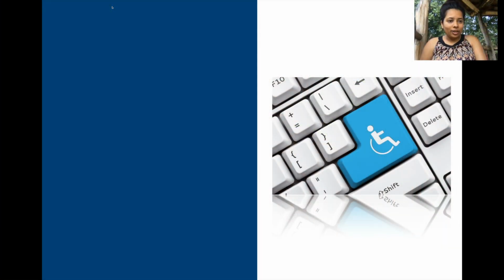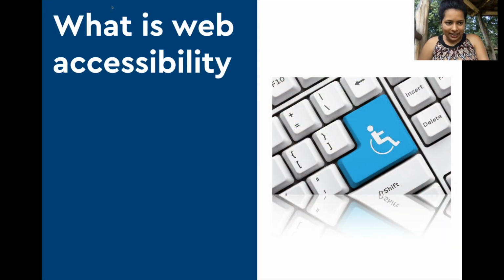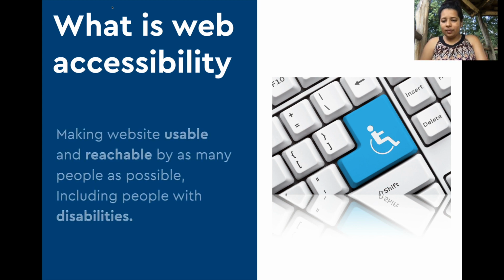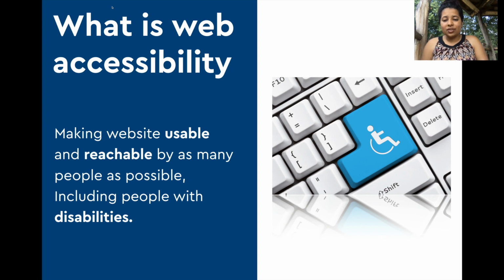So finally, what is web accessibility then? The formal definition says making a website usable and reachable by as many people as possible, including people with disabilities. I'm emphasizing the word disabilities because most of the time we just ignore this part, saying that people with disabilities who use the internet are very few, but that's really not the truth.